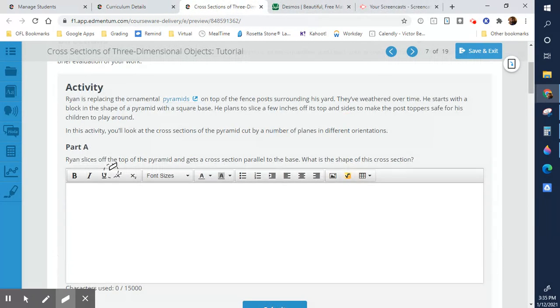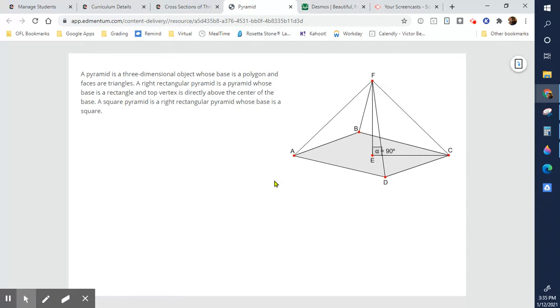So let's get into this. Now Ryan slices the pyramid and gets a cross section parallel to the base. Parallel to the base. Well, the base we already talked about in the last videos, it's the bottom part right here. If it's parallel to the base, when we do our little sheet of paper, what shows up there?